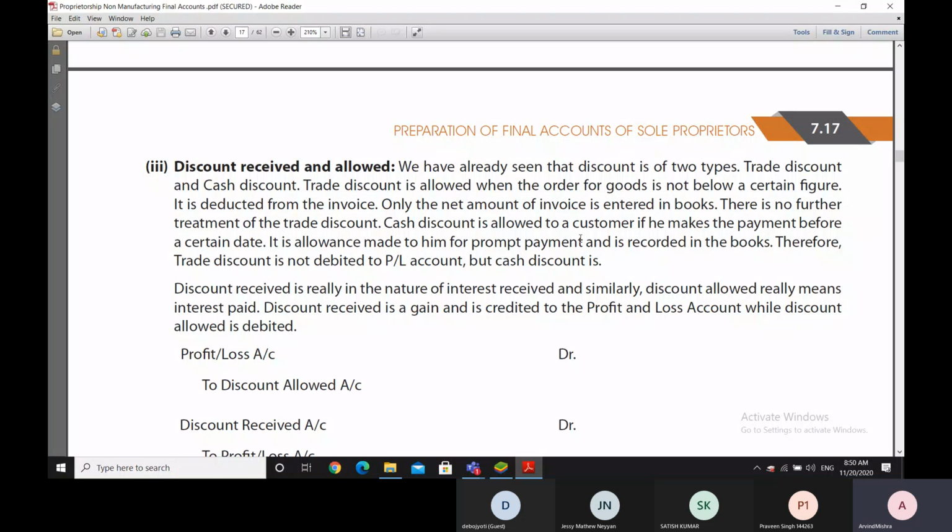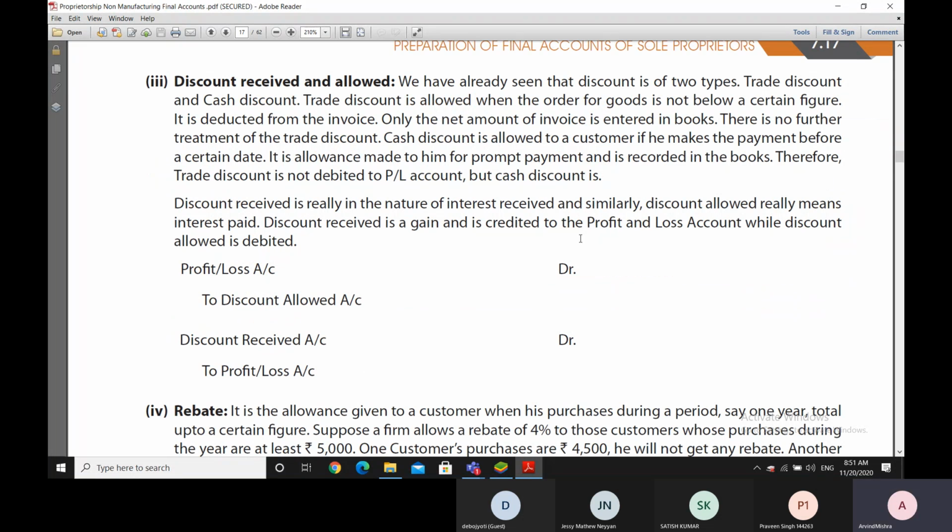So, discount which is received is a gain for the business and will be credited to the profit and loss account, and whatever discount is allowed is going to be debited to the profit and loss account, subject to, of course, what has been explained earlier, that the trade discount is not debited in the books of accounts, and it is reduced from the invoice itself, whereas cash discount is entered in the books of accounts because that is offered to make a payment before a certain date.